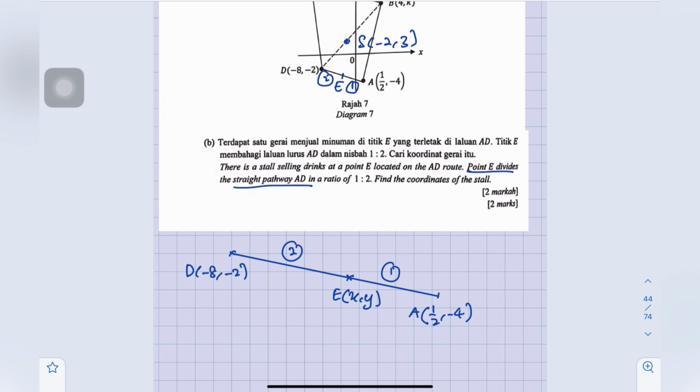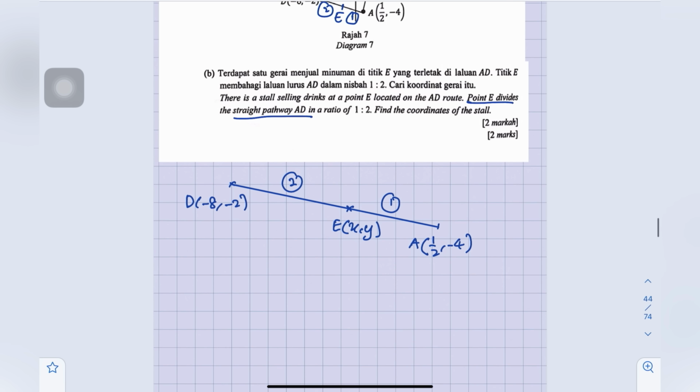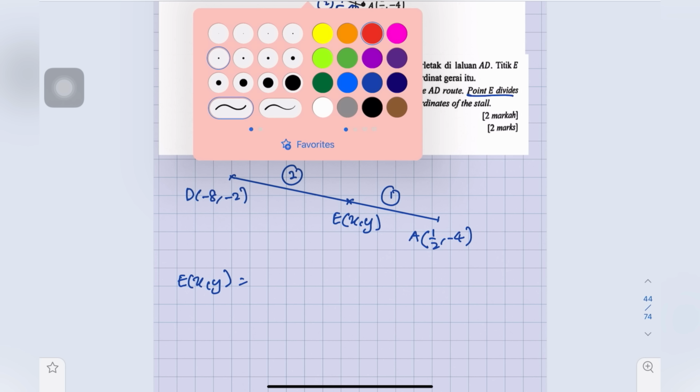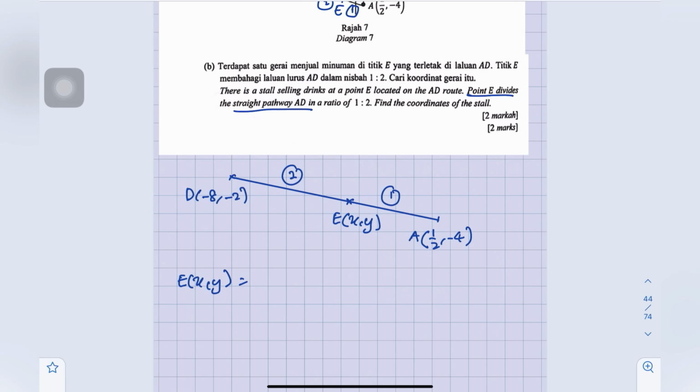Okay, so then by using the formula of a point that divides internally in the ratio m:n, we can find point E. So E, X, Y, equals to, let's do X first.